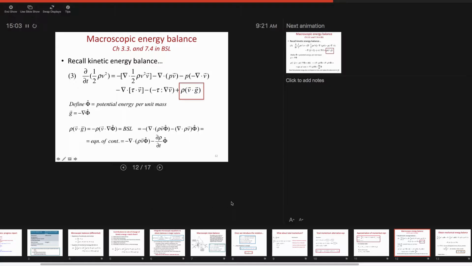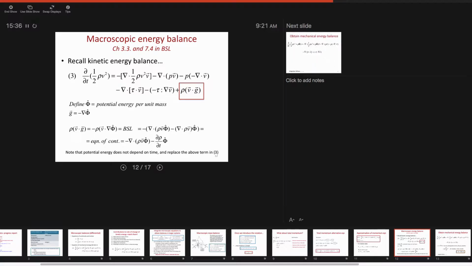And then I know that this is the same as divergence of rho V phi minus divergence of rho V times phi. And basically, if I apply the equation of continuity, I can get that this is divergence of rho V capital phi, minus d rho dt phi. Okay? So this is the part that I was looking for.